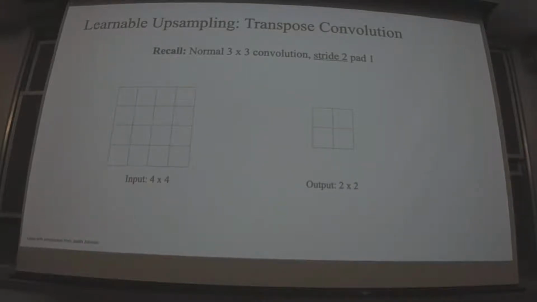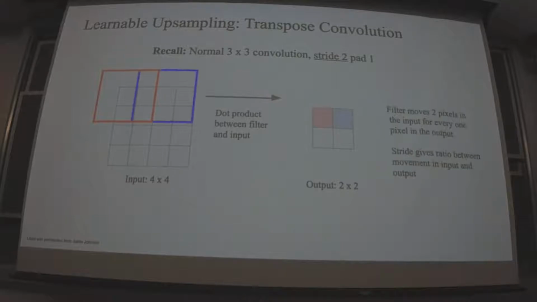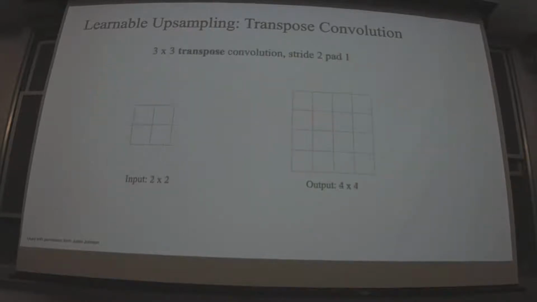If we have a stride 2, we get something smaller. So we want to reverse this operation, and it's called transpose convolution. I'll motivate a little bit later why the word transpose.